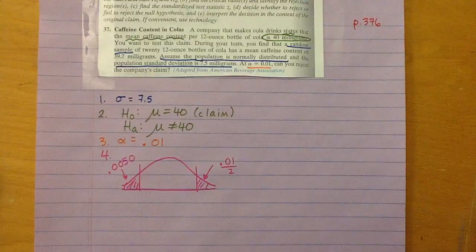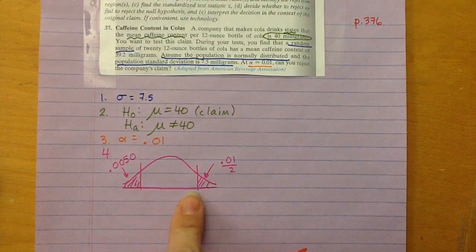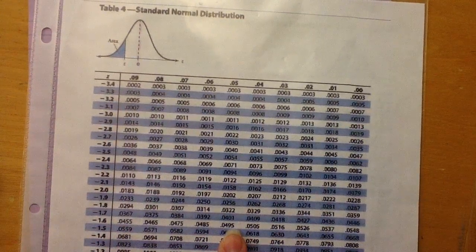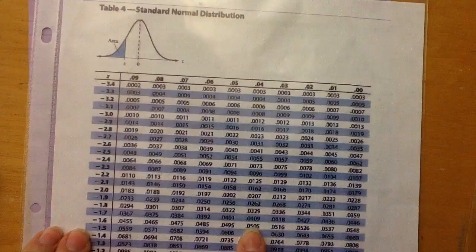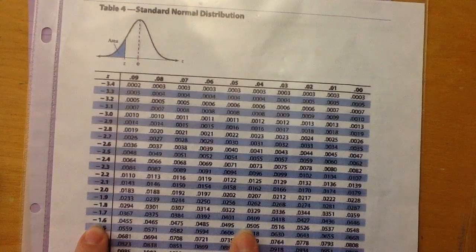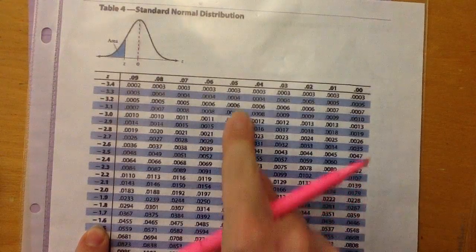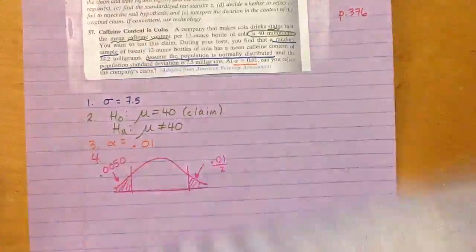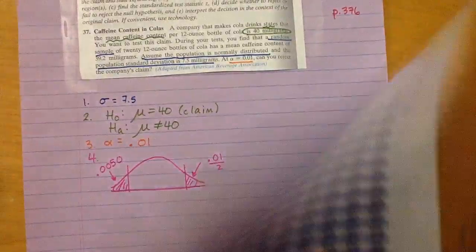Then I'm going to figure out these two critical values using table 4. So I need 0.0500, which is halfway between 0.0495 and 0.0505. Oh, I looked up the wrong number, 0.0050.